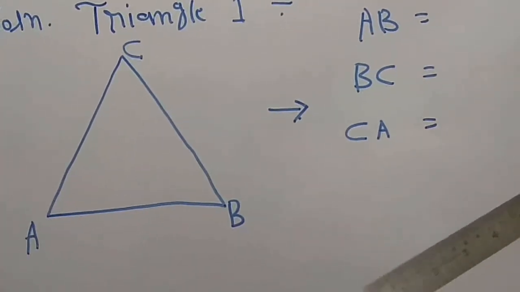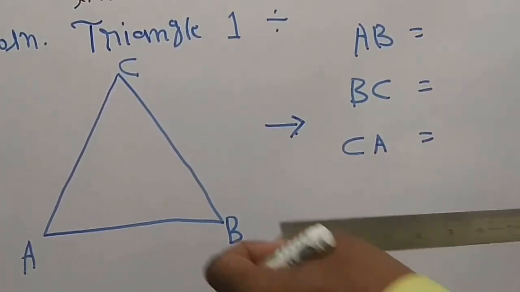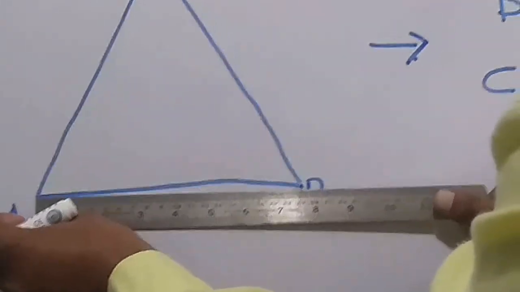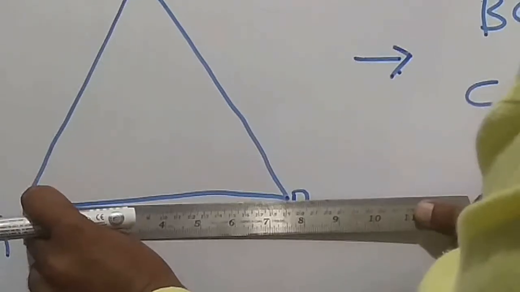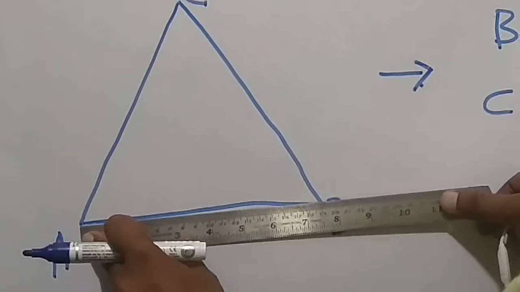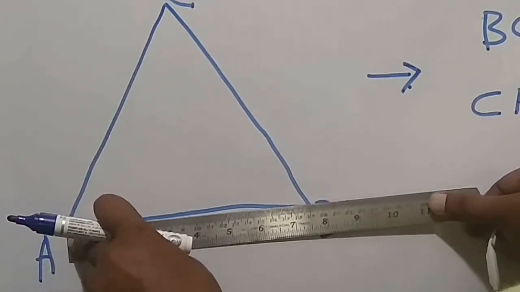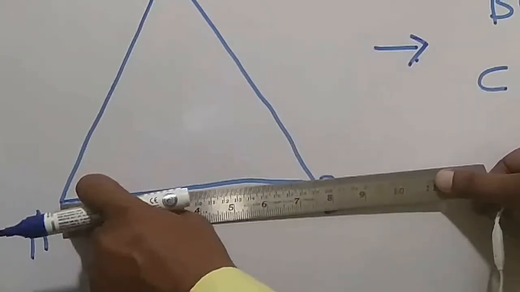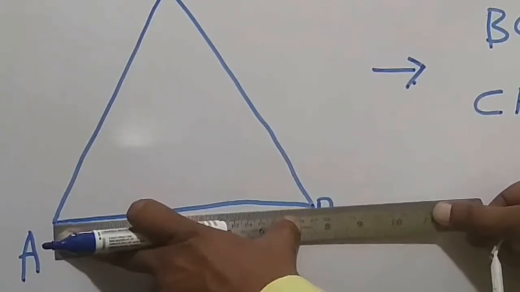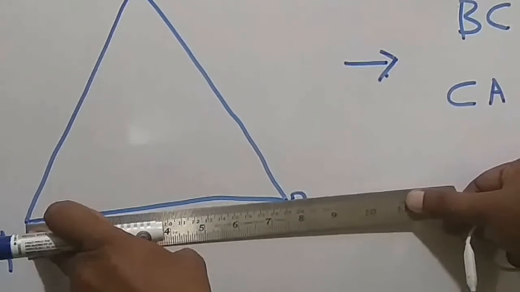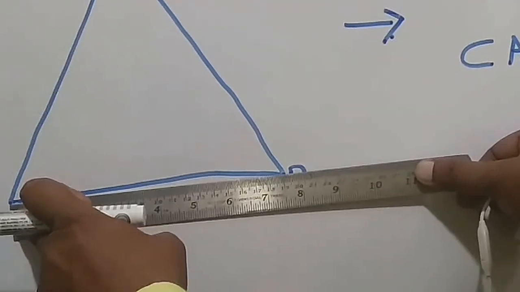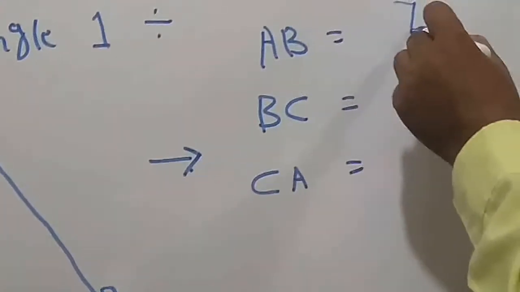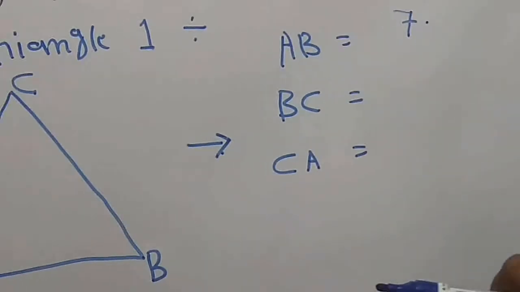We measure these with the help of a ruler. We adjust our ruler here. The initial point 0 we set on A, and then we read where B is situated. It is situated after 7, and after 7 there are 5 points.